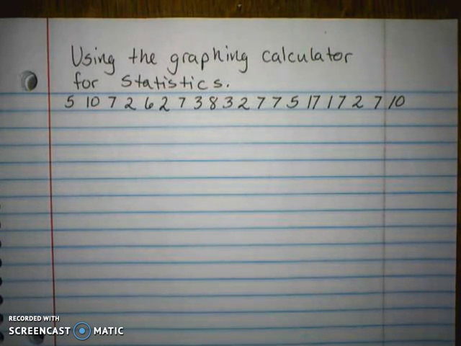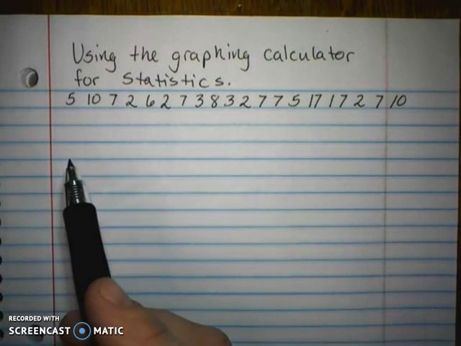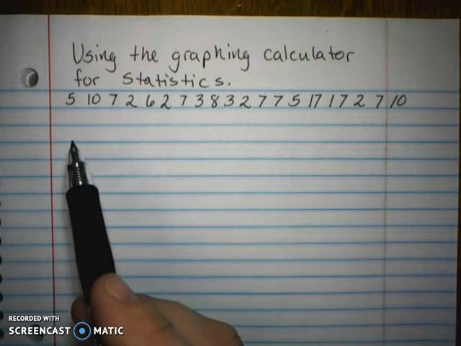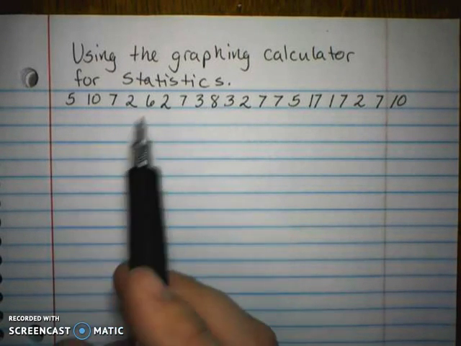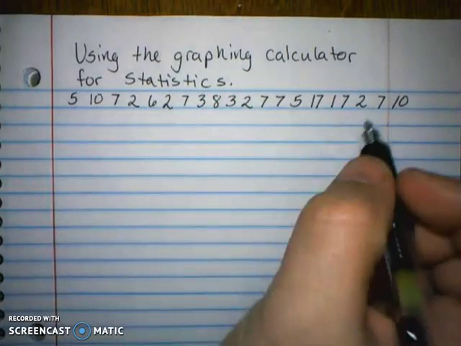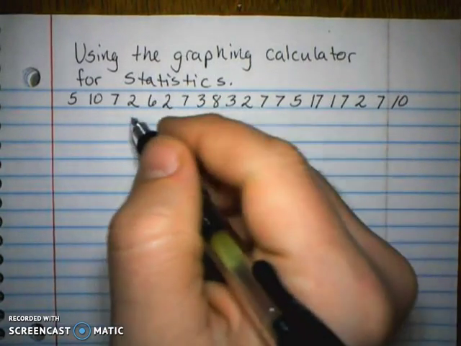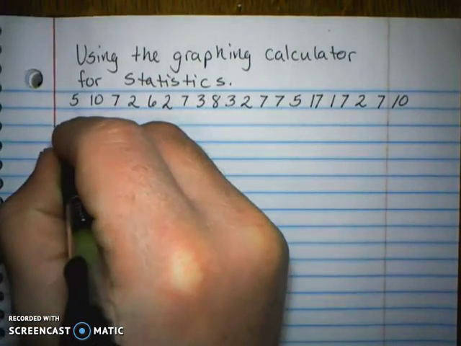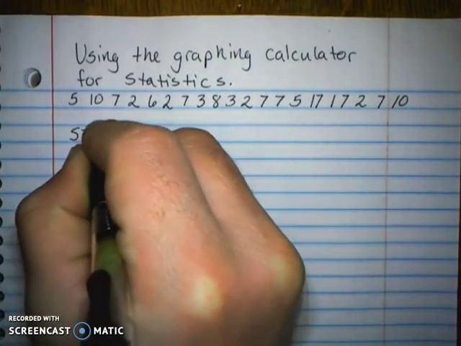What I'm going to do is write some things down here, and then show you a demonstration on the calculator of how to enter these and get some of that information. One of the things we can do is use the Stat button on the calculator.